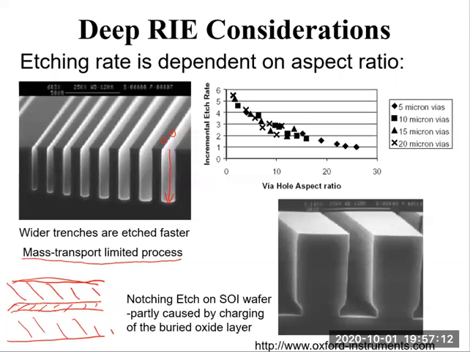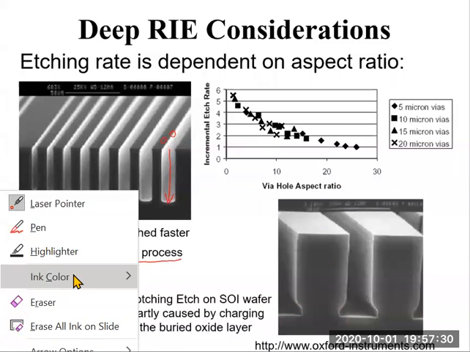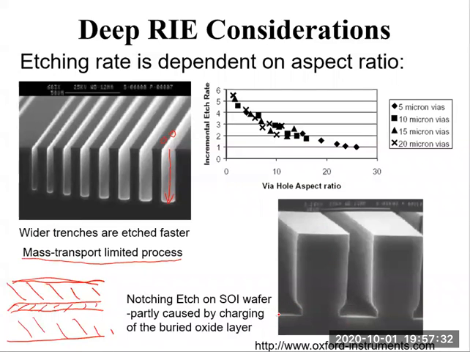When we etch the top device layer, sometimes we may observe this notching phenomenon, the notching edge. And please note that this layer now is silicon dioxide, the insulator.